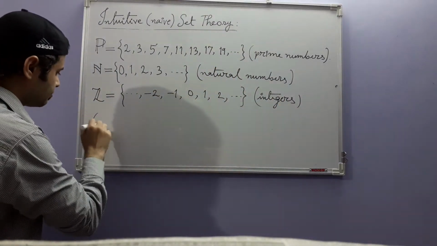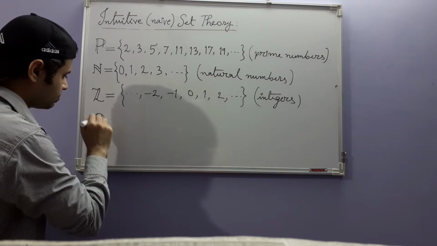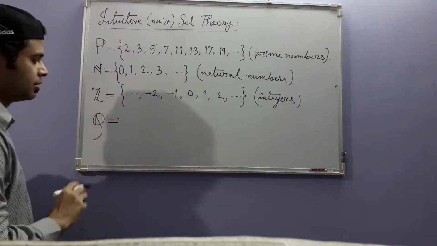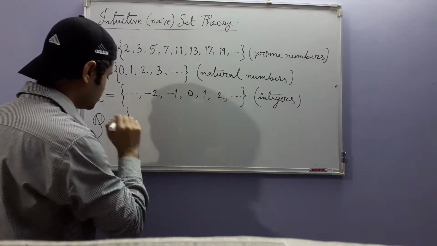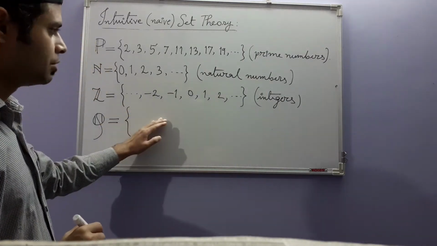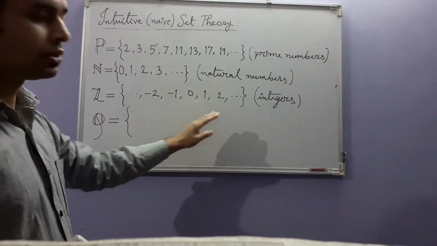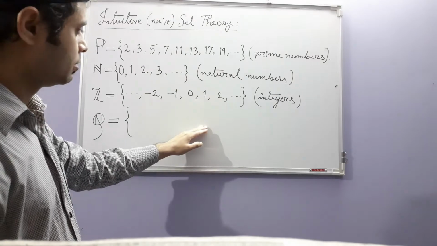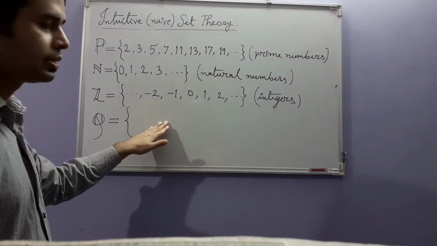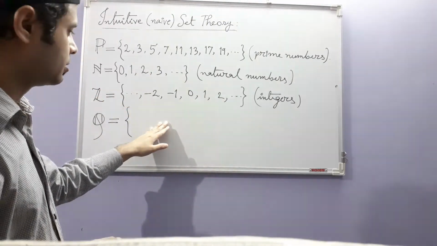Then after that we get the set of rational numbers. So here we can no longer describe this set in roster notation. We have to take the help of set builder notation.